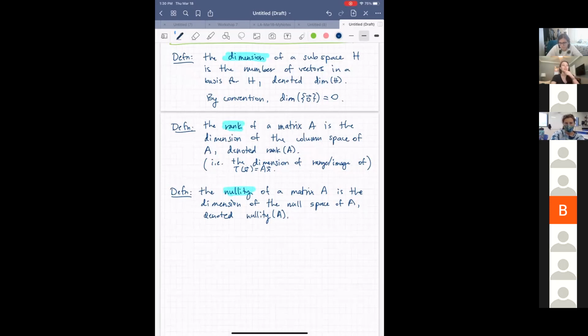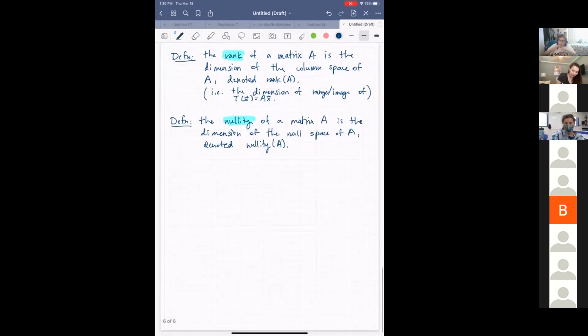Okay, so to say a little bit more about the rank and nullity. Rank refers to the dimension of the column space of A, which we remember is the number of pivot columns of A. Remembering that when we found the basis for the column space, we just row reduced and took only the pivot columns, right?